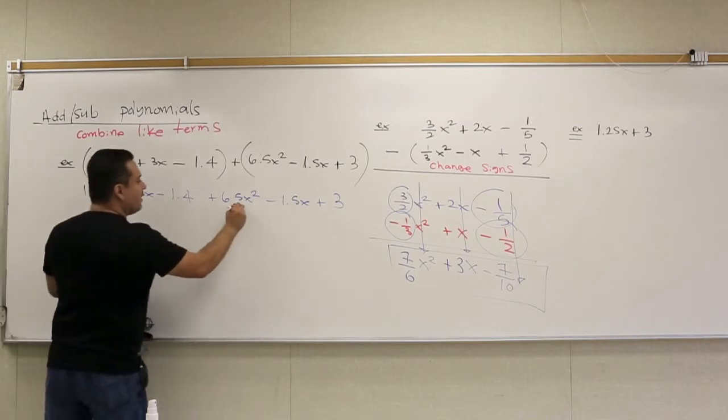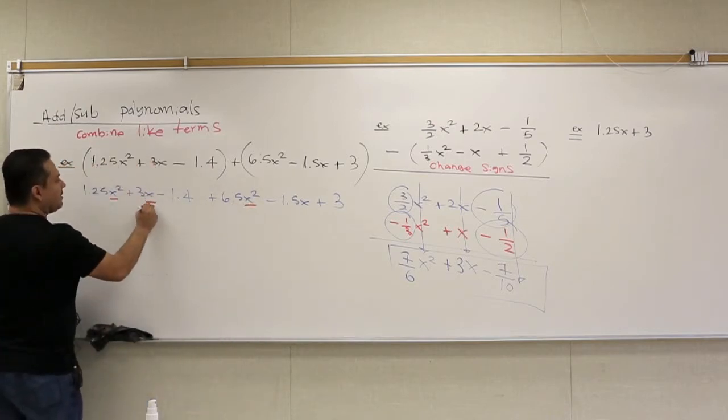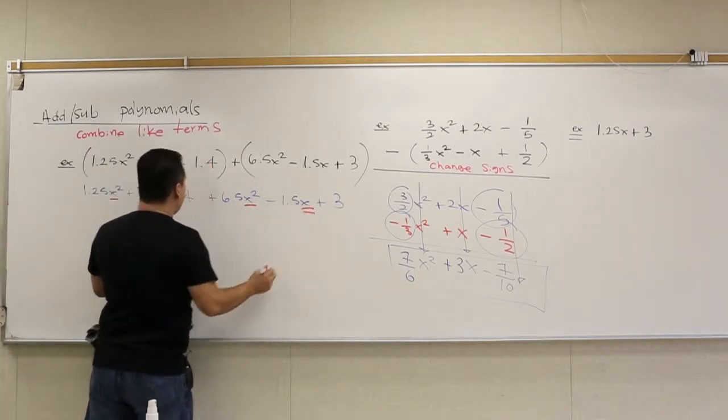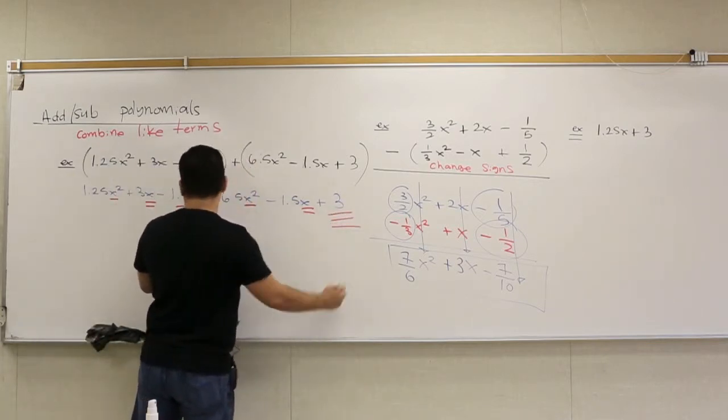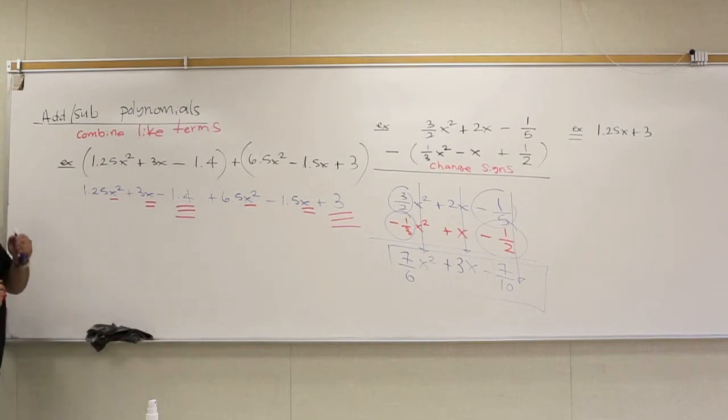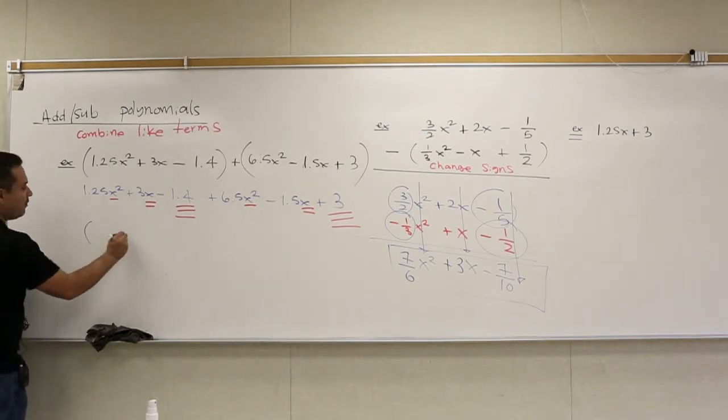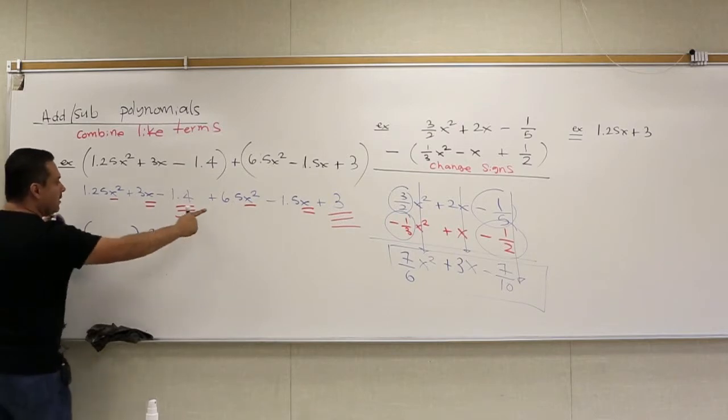Combine like terms. So the x squareds are exactly alike. The x's are exactly alike, right? And your numbers are exactly alike because they're numbers. So what do you guys notice? What's happening here? Let's write this all down. For the x squared term, here's my x squareds.